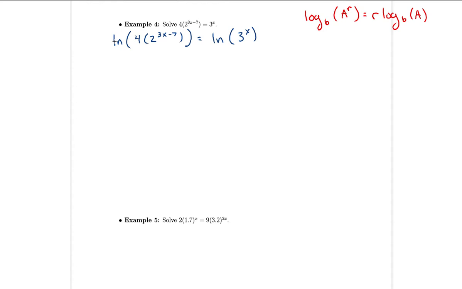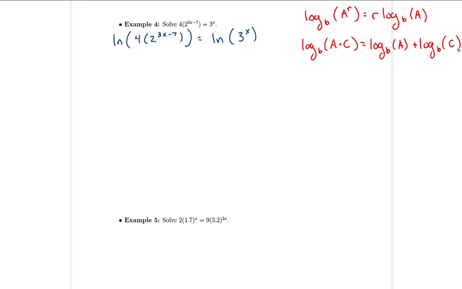But here's where we want to remember that this was not the only law of logarithms. We also had this one. If I have the product of two things inside the argument of the logarithm, I can turn this into the log base b of a plus the log base b of c.